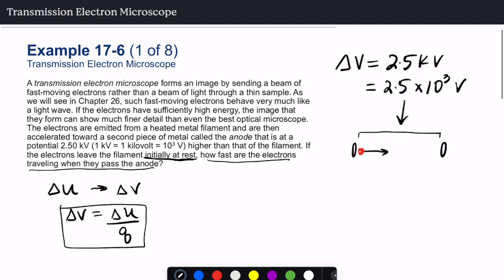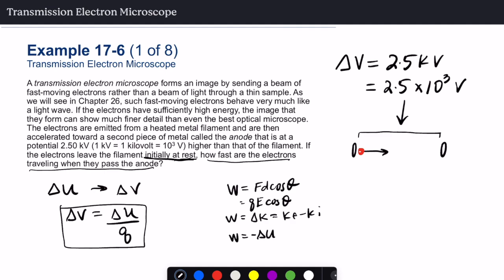Well, we saw earlier in this chapter that we have three different definitions for work. Work is F d cosine theta, where F is QE. We saw that work is also equal to delta K, K final minus K initial, and finally, work is also equal to negative delta U, where delta U is U final minus U initial.